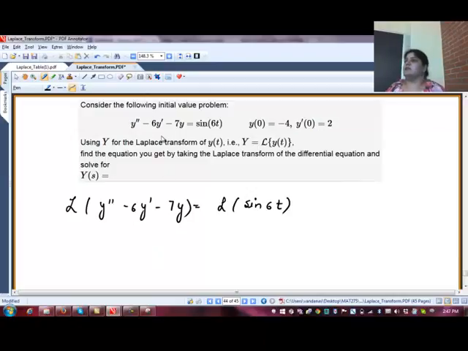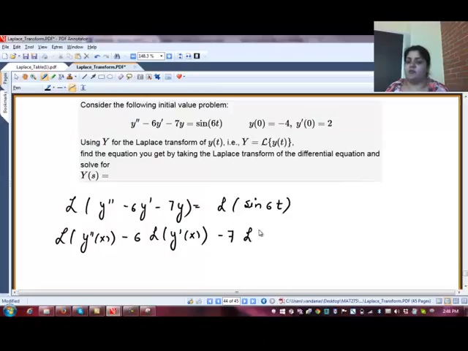Two functions are equal, that means their Laplace transforms have to be equal. So, using linearity, the Laplace transform of y double prime x minus 6, a scalar I can take out, times the Laplace transform of y prime x, minus 7 times the Laplace transform of y x.